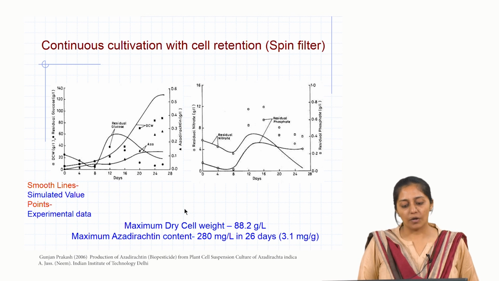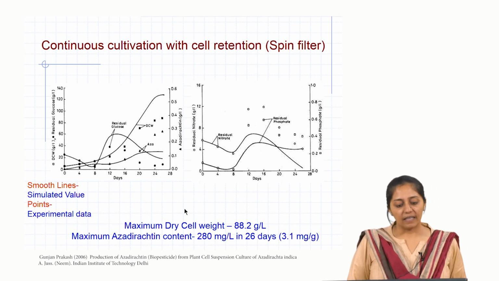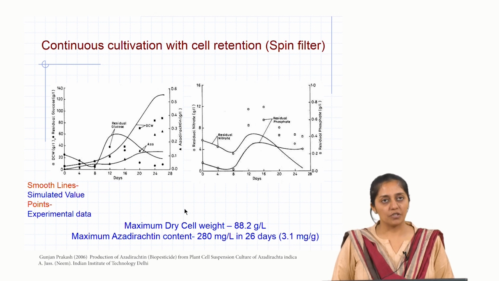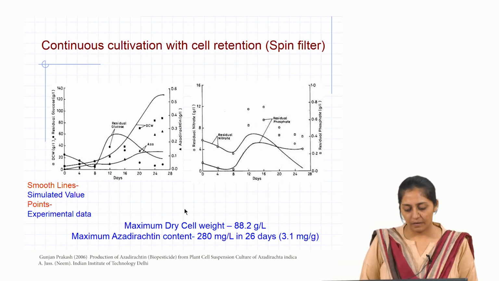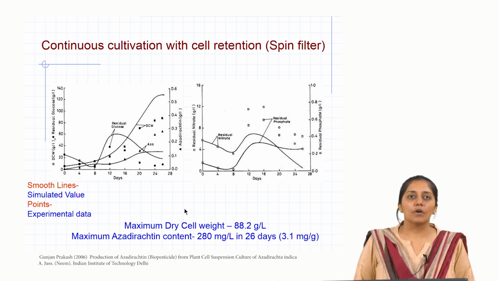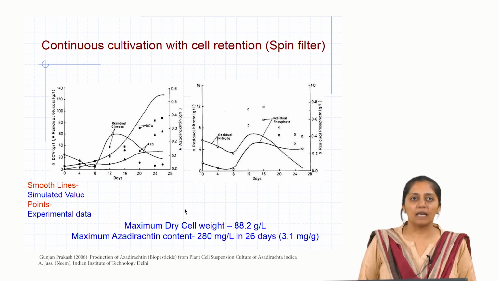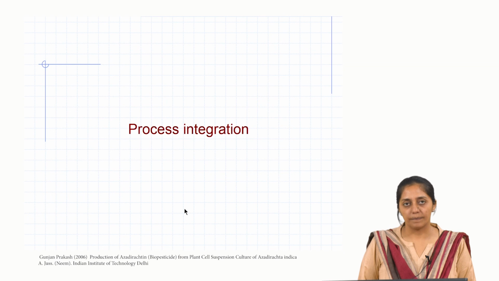If you see the plots, you can clearly see that as the feeding was done in the continuous reactor with cell retention, it led to a continuous increase in the biomass and also in the azadirachtin productivity. Experimentally, the biomass which could be achieved was around 88 grams per liter, and the azadirachtin titers which could be achieved were at a level of 280 milligrams per liter in 26 days.